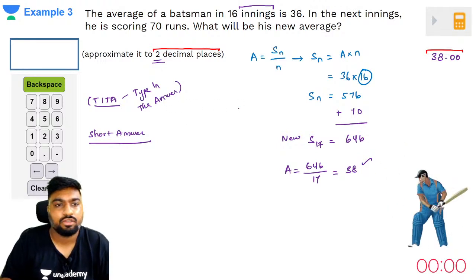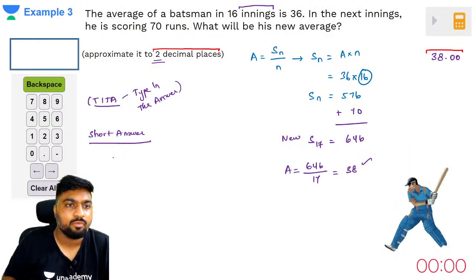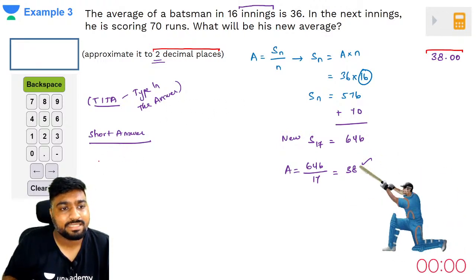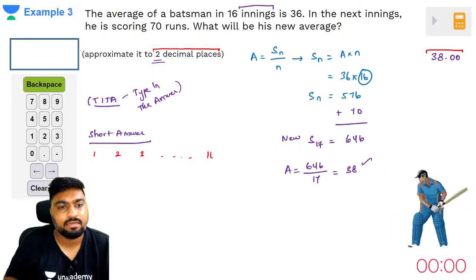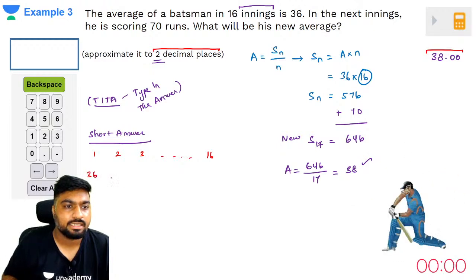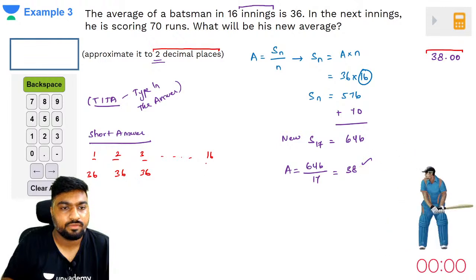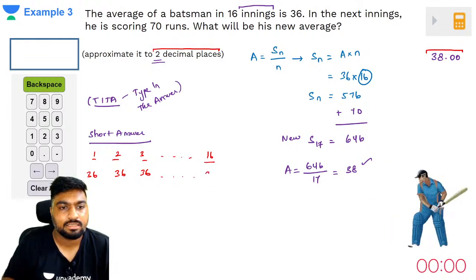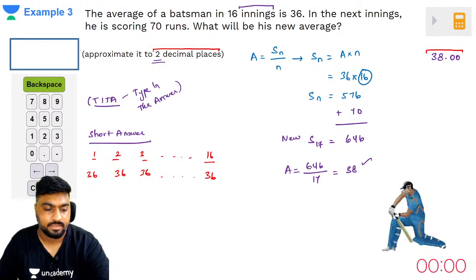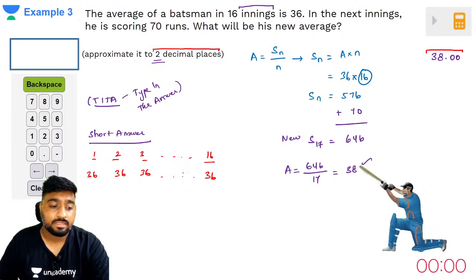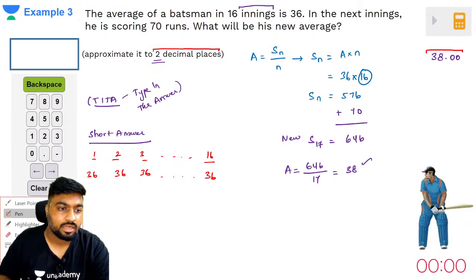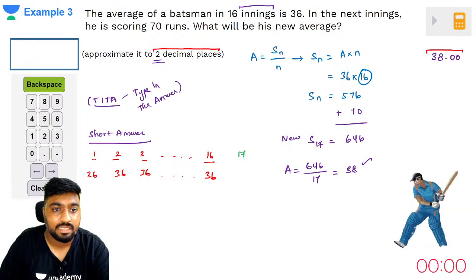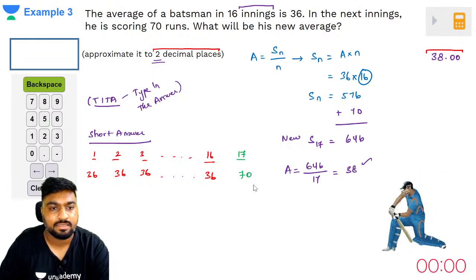Instead what you can do is, I'm going to assume that full 16 matches, match 1, match 2, match 3, full 16 matches, the score was 36. Yes, first match, second match, third match, fourth, fifth, all the way till 16 matches, all were 36 runs. Now suddenly in the 17th match, I'm scoring 70 runs.